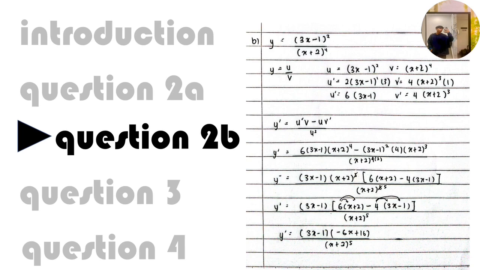After simplifying, we can factor and reduce the expression. So this gives us the final answer, which is (3x minus 1)(minus 6x plus 16) over (x plus 2) to the power of 5.